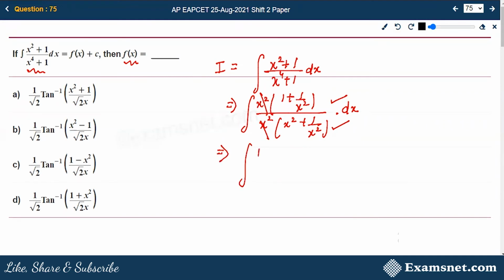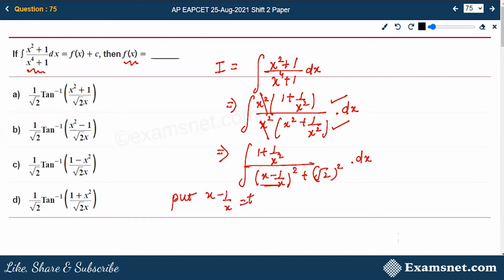So this will be 1 plus 1 by x square divided by (x minus 1 by x) whole square plus (under root 2) square into dx. Now I'll put x minus 1 by x is equal to some t, and taking the derivative, 1 plus 1 by x square dx is equal to dt.